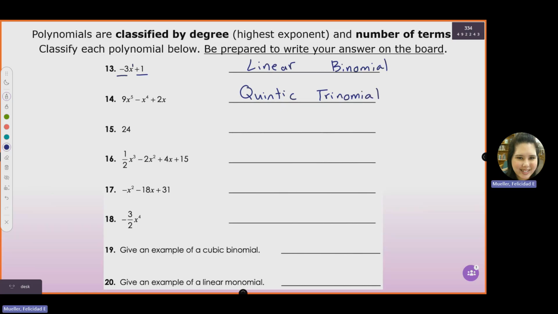We should have a constant monomial. Sixteen is a cubic polynomial. 17 is a quadratic.